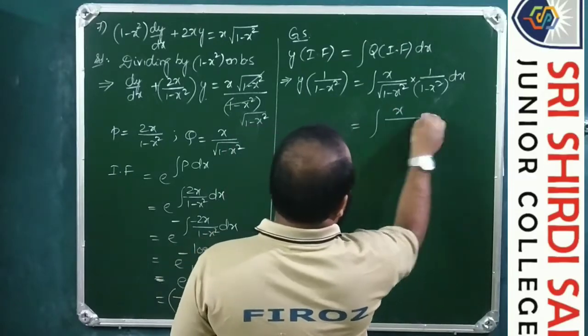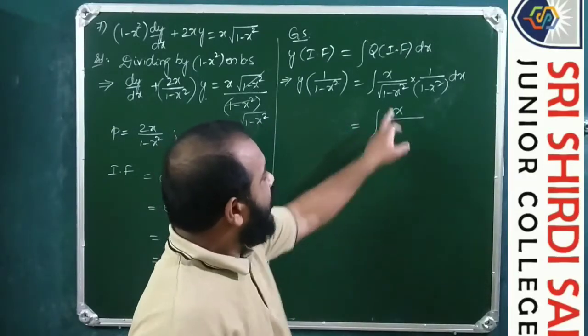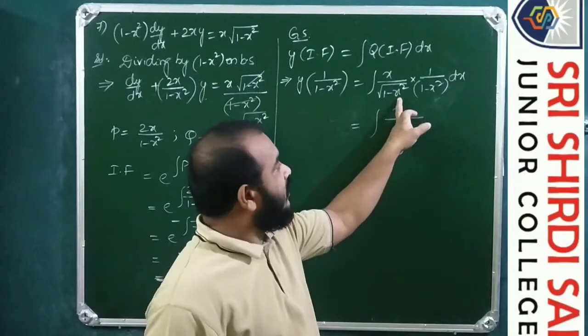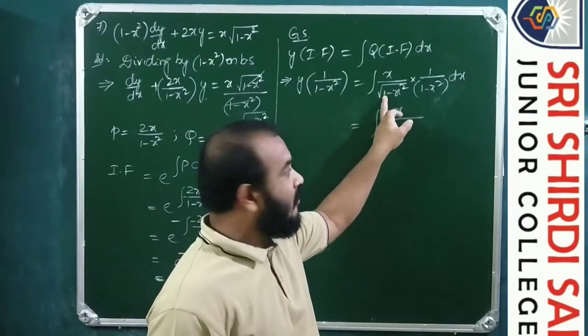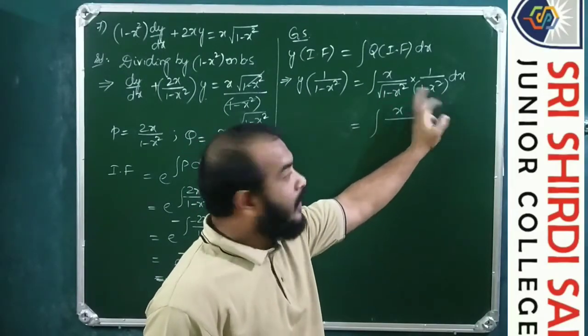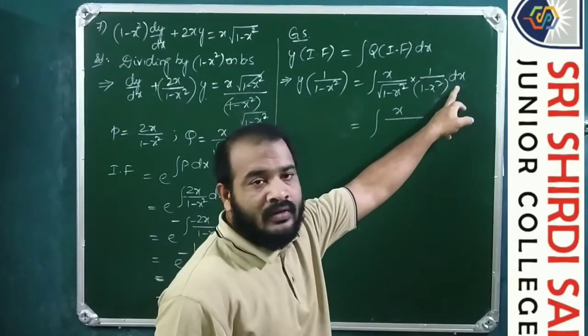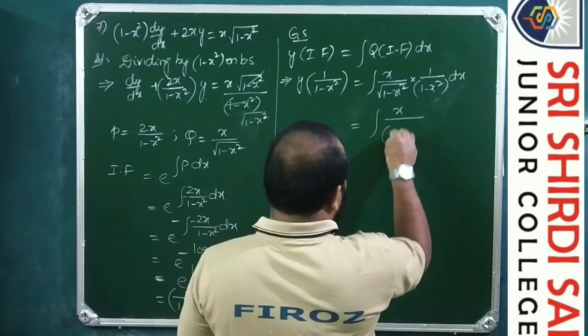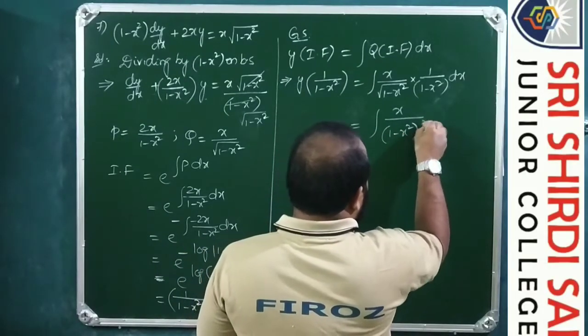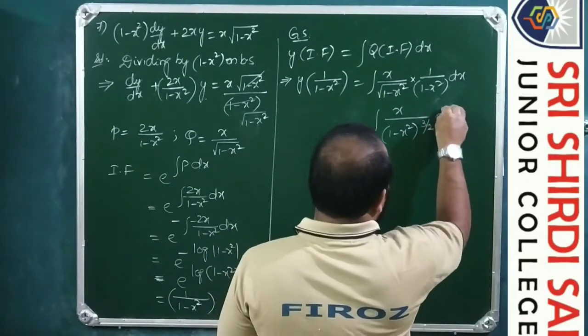So x by (1 minus x square), and a root can be written as (1 minus x square) power 1 by 2. This is whole power 1. Bases are equal, exponents are to be added: 1 by 2 plus 1, 3 by 2. So this is (1 minus x square) whole power 3 by 2 dx.